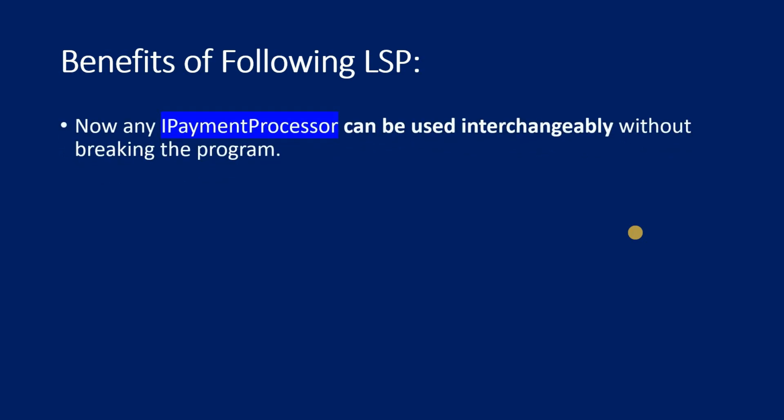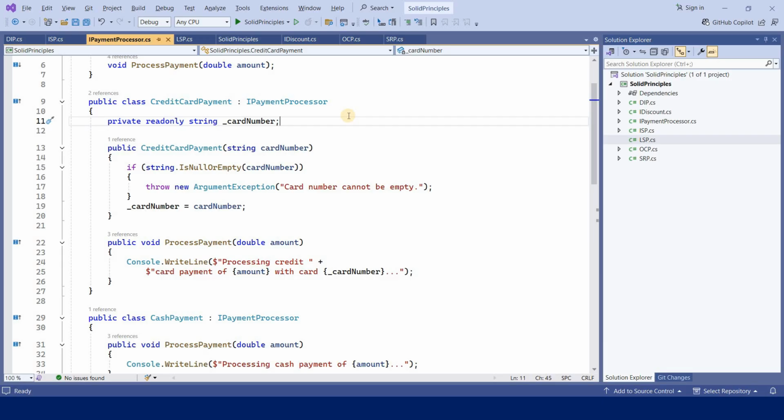Now any IPaymentProcessor can be used interchangeably without breaking the program. Suppose in future a new payment type is introduced, for example bank payment. In that case, I just need to create a new class like this, and for that I need the bank account number.